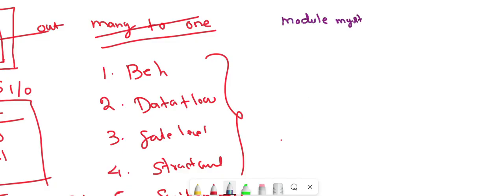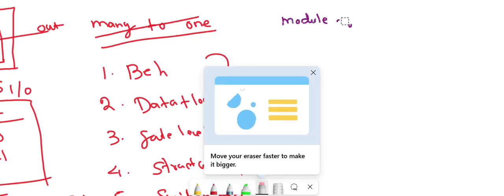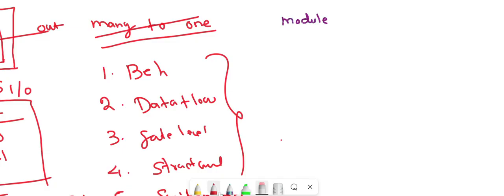So, module mux221. Specify the outputs first, followed by the inputs. The two inputs are I, comma S, end with semicolon.